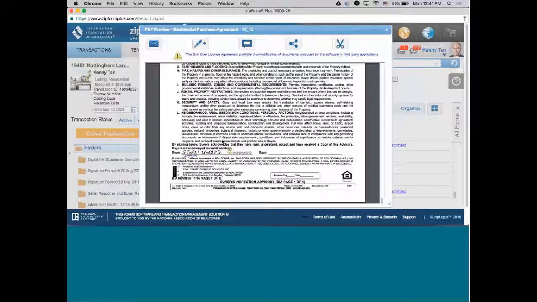Without the seller's countersignature, even if the multiple counter offer is accepted by the buyer, it is not a binding contract. So you, as a selling agent, would have to explain to your buyer, look, what we got is a multiple counter offer. Don't be so happy that you get the price you want, the 535. Because if you sign it and give it to them, there's no guarantee the seller will pick you. The seller may still pick someone else.